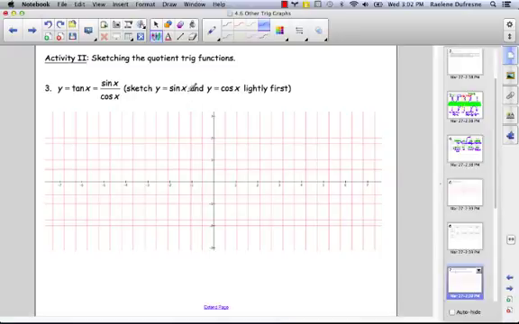So what we're going to do is lightly sketch the sine x and the cosine graphs, and from that use the sine x y coordinate divided by the cosine x coordinate for each different angle to come up with the quotient tangent x coordinate. So I will do my sine x graph in green lightly, and I'm putting in my quadrantal angles and their ratio values first.